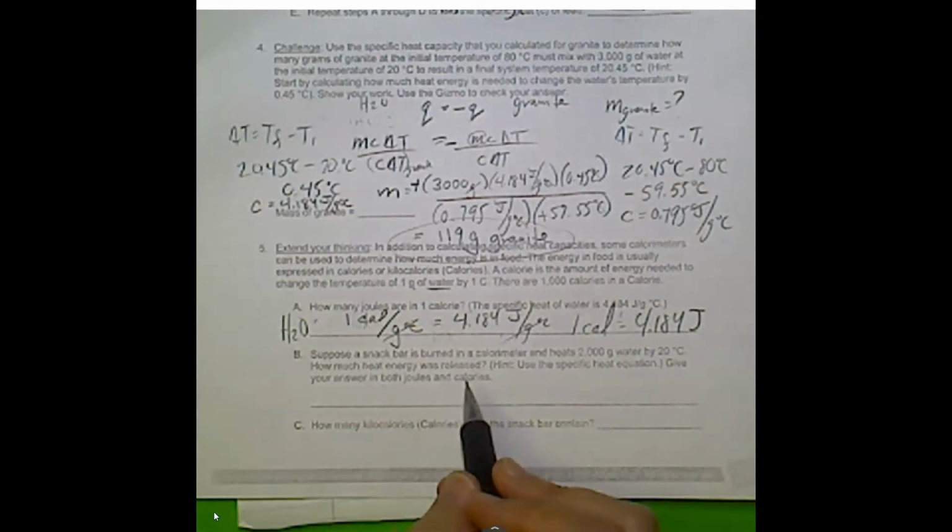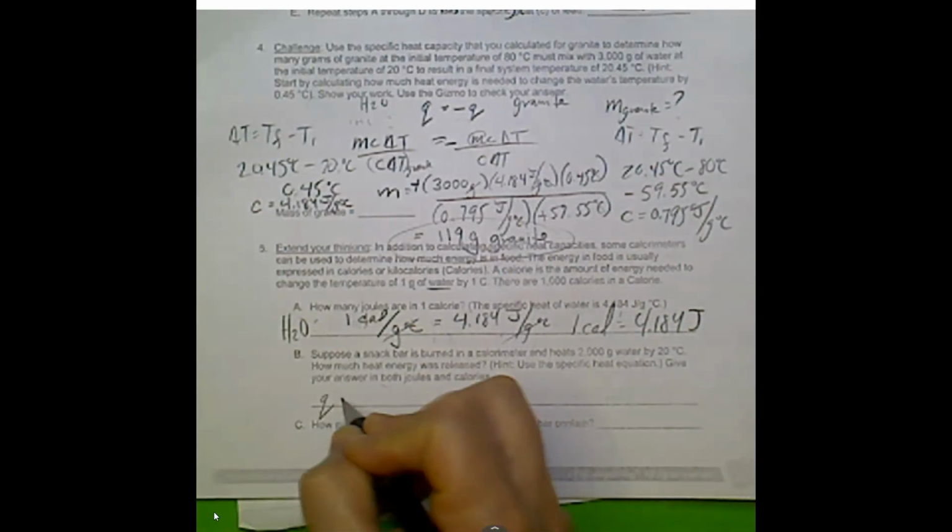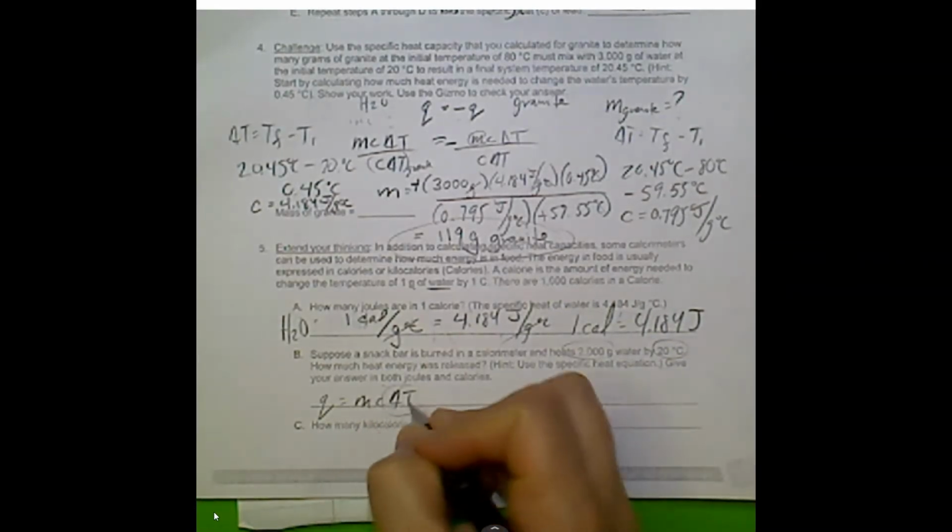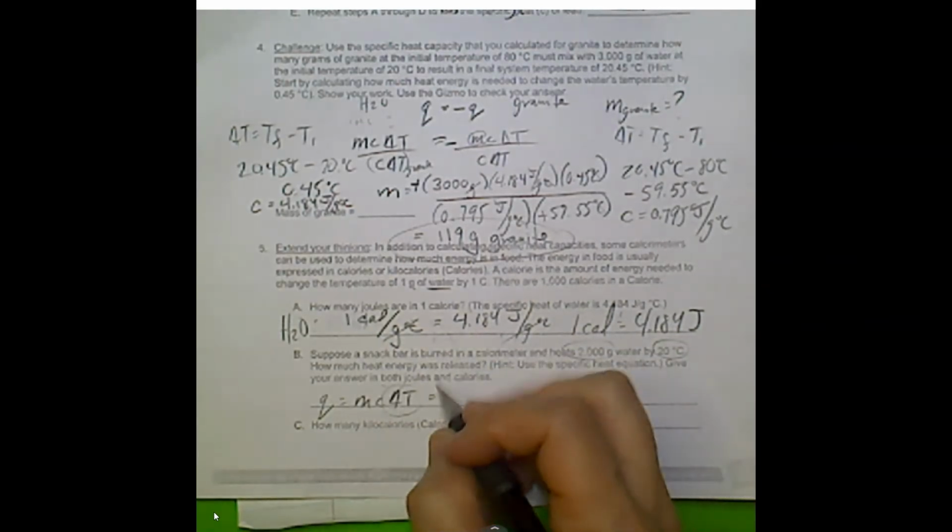The energy in the snack bar is going to equal the energy absorbed by the water. So if Q equals mc delta T, and the water changed by 20 degrees, that's our delta T, and 2,000 grams of water. And of course we know C for water. So we want joules and calories. Let's start with joules because we're good at that. We've got 2,000 grams of water with a 4.184 joules per gram degree Celsius specific heat, raised by 20 degrees Celsius.